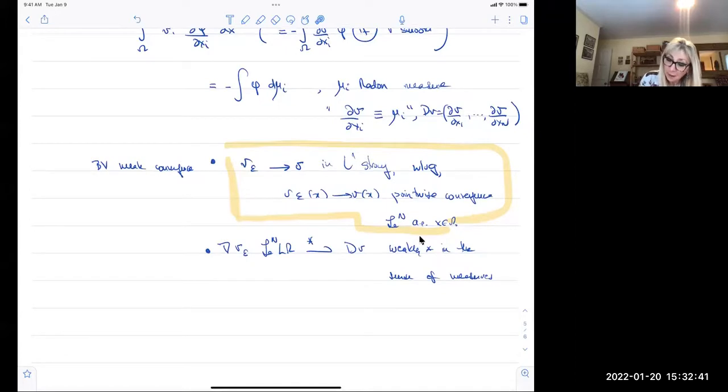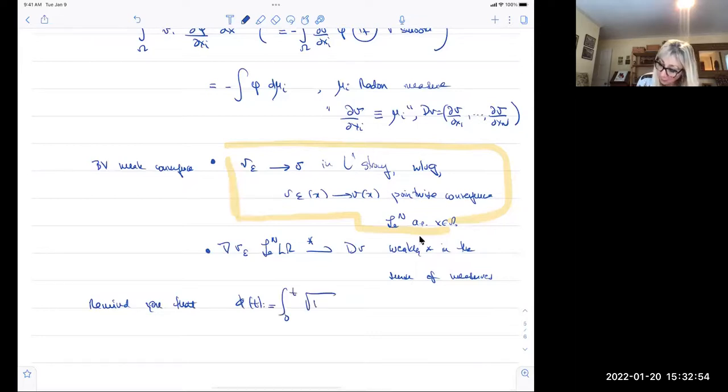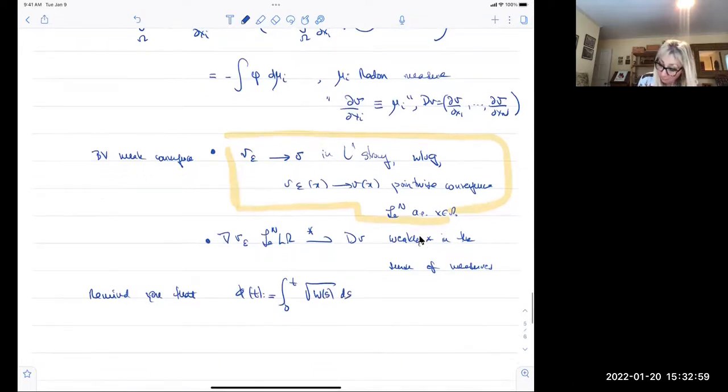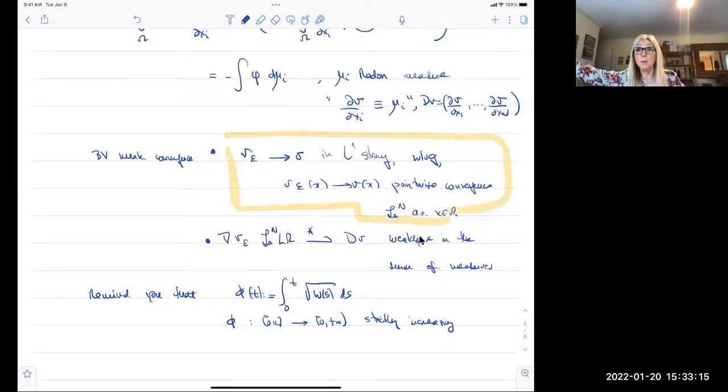So again, I remind you that the function phi(t) is the integral between 0 and t of the square root of W(s) ds. Definitely between 0 and 1, this is a strictly increasing function. Not afterwards, because afterwards W plateaus at 0, so you have to be careful.